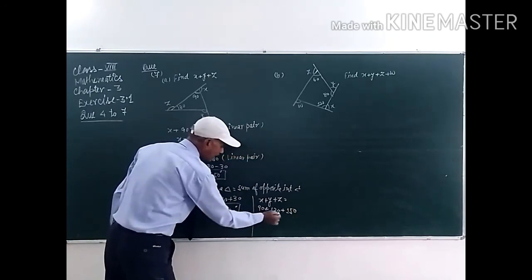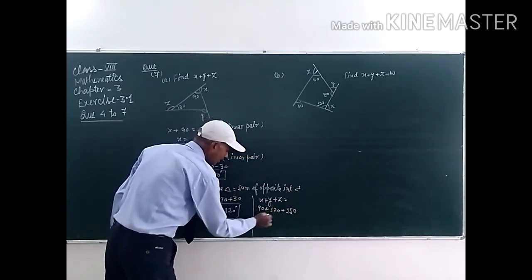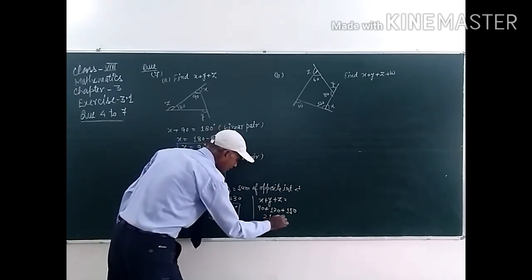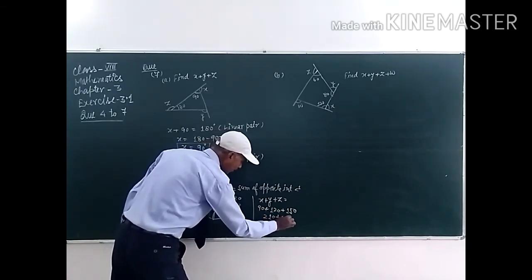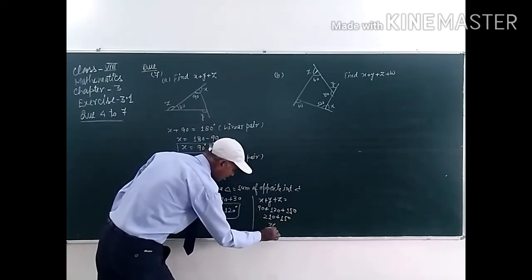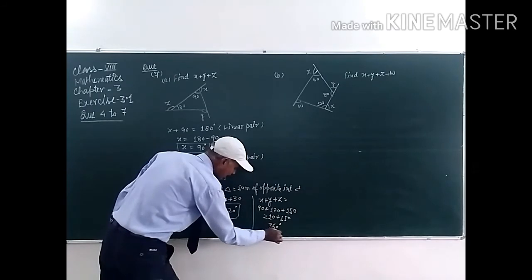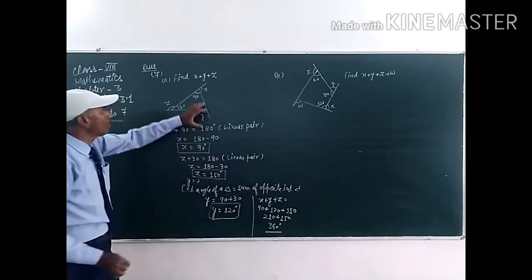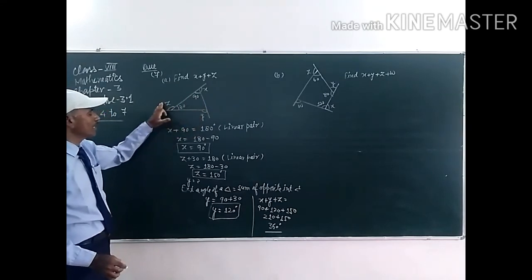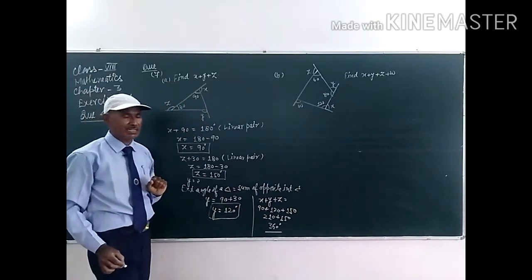So 90 plus 120 is 210 plus 150, this is 360 degrees. The sum of all these exterior angles, x plus y plus z, is equal to 360 degrees.